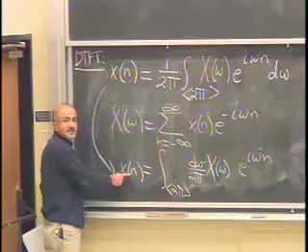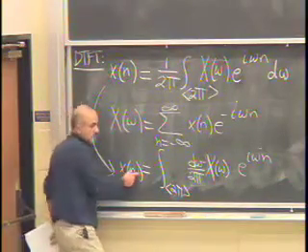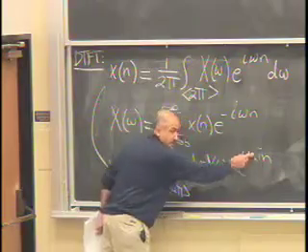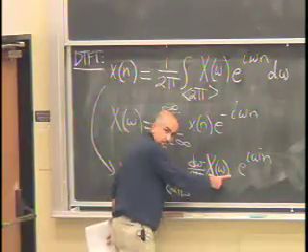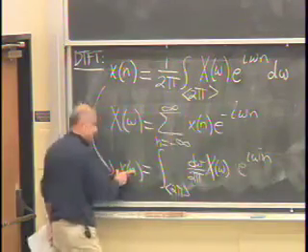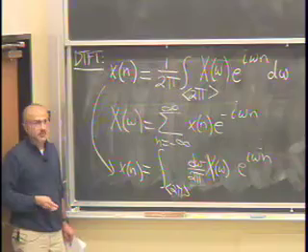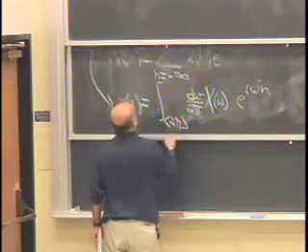Just like the X_k's did in Fourier series. The X_k's in Fourier series told you how much of k omega naught was present in the signal. Here, capital X of omega tells you how much of frequency omega is present in the signal. Okay? Let's do some examples.